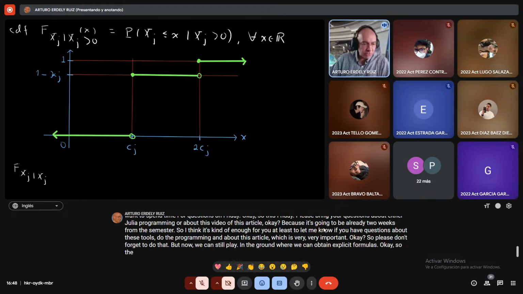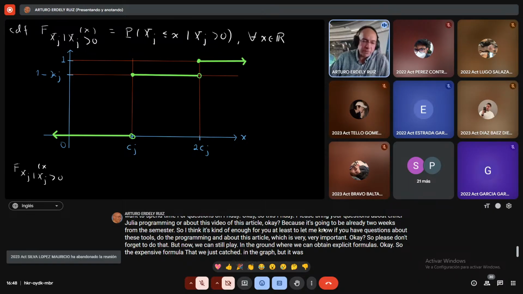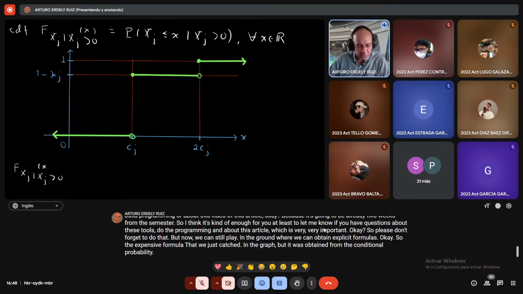So the explicit formula that we just sketched in the graph was obtained from the conditional probability mass function. So it's going to be 1 minus kappa j times this indicator function, right?